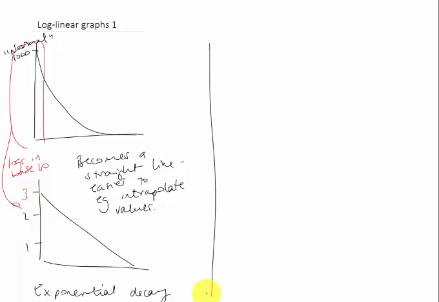And similarly, if we've got exponential growth of bacteria, so we've got an exponential phase of growth and then a plateau. So this is what we did in the labs recently.